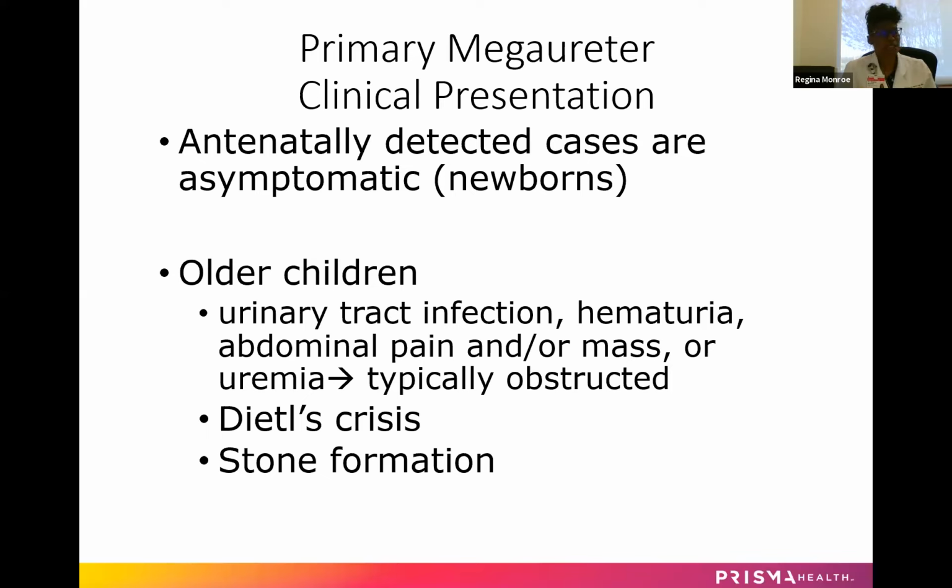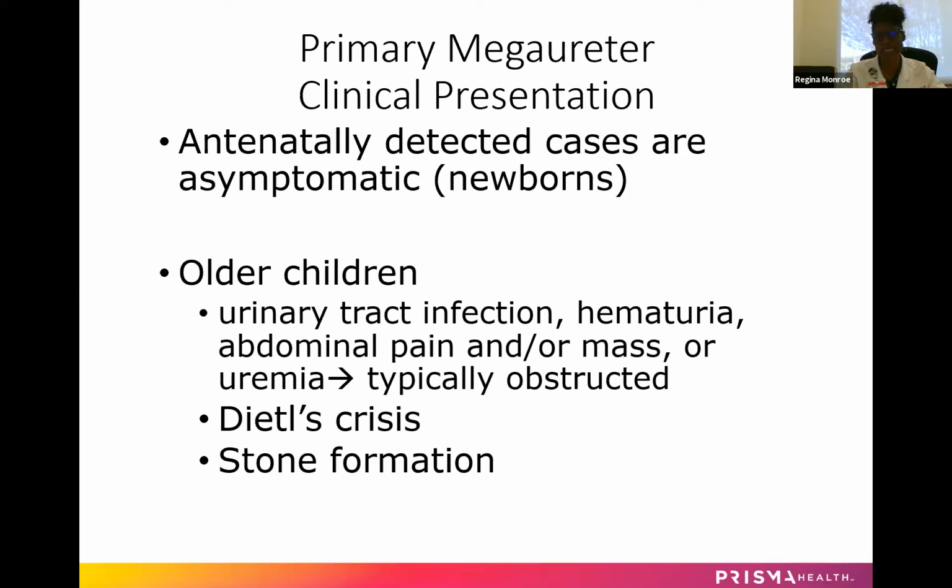I have had children who had normal prenatal ultrasonography workups and presented as older children with urinary tract infection, hematuria, pain, or abdominal mass. And these are typically obstructed. And there are papers that are written that these children can present in essentially Dietl's crisis, which we've classically associated with UPJ obstruction.